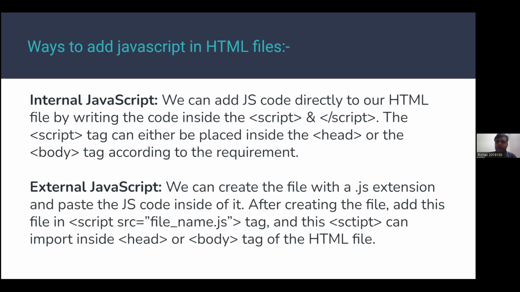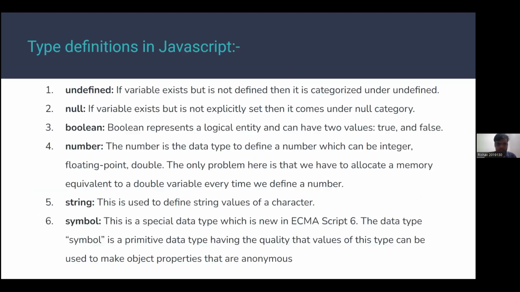And after creating the file, we have to import this .js file into our HTML file using a script tag. Then after that, type definitions in JavaScript. Firstly, the first type is undefined: if a variable exists but is not defined, it is categorized as undefined.